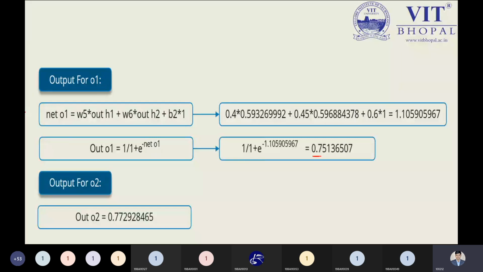W5 and net O1 come together, so we will use this equation for the partial derivative of net O1 with respect to W5. So this will be applicable. And now out O1 and net O1 are coming. So when we need to calculate the partial derivative of out O1 with respect to net O1, we use this formula.